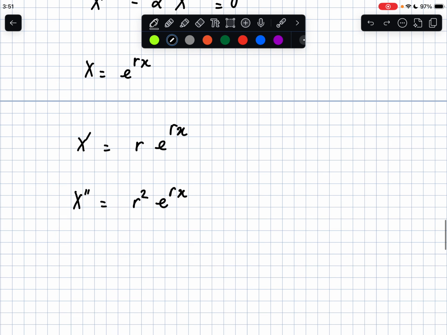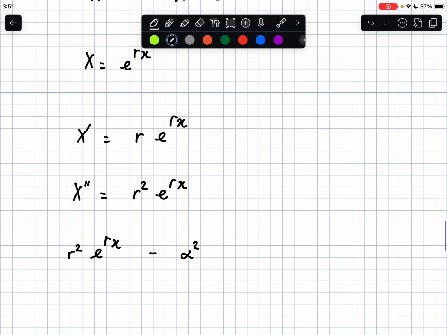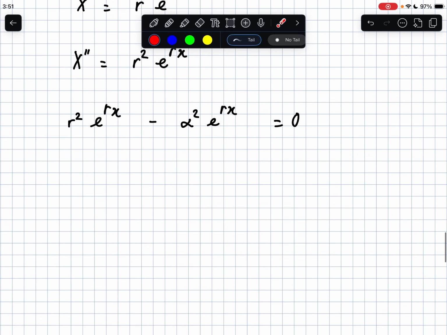You have r square e power rx minus alpha square e power rx equal to 0. E power rx in common, you can put it out and you can divide both sides by that because this is always non-zero. Divided by e power rx, you have r square minus alpha square equal 0. So r square equal to alpha square, or r equal to plus minus alpha.